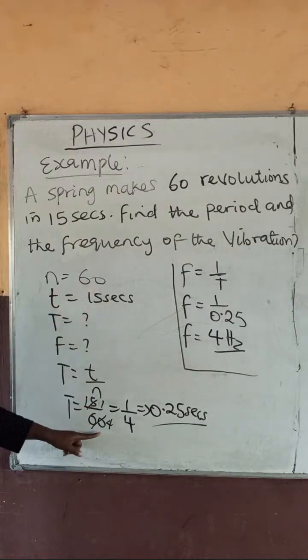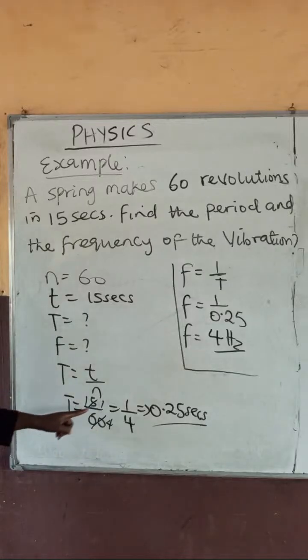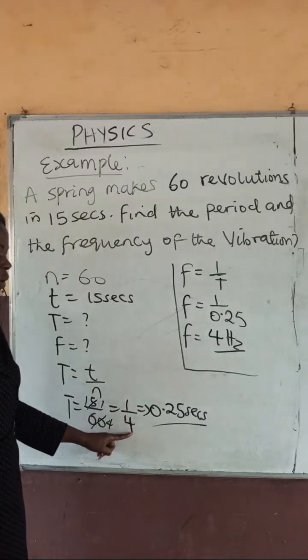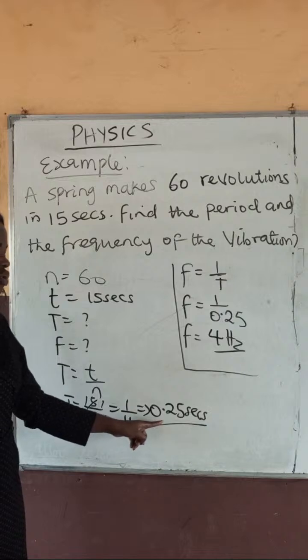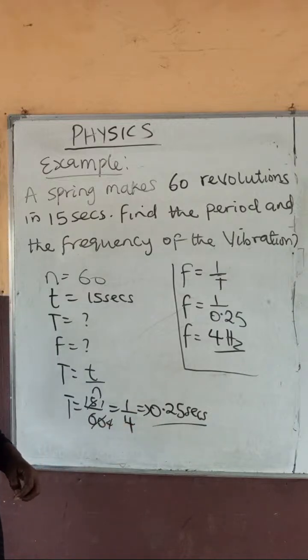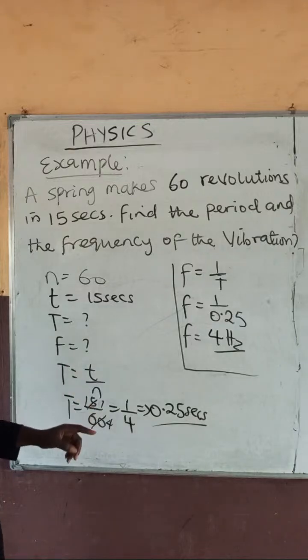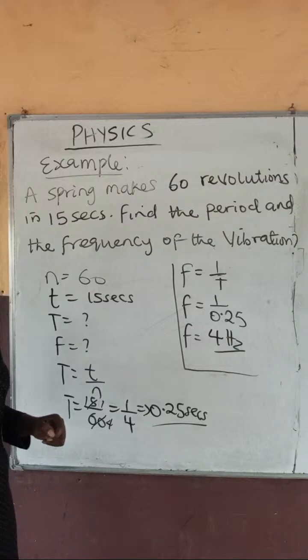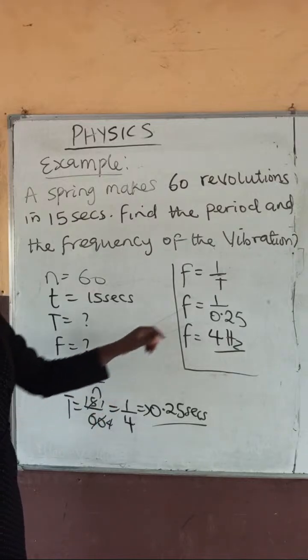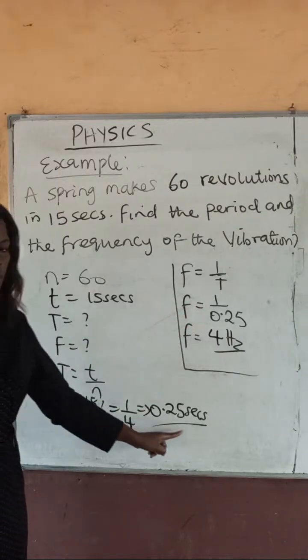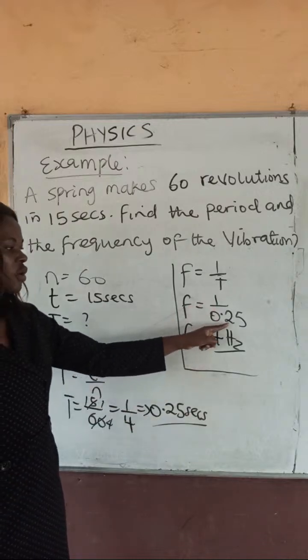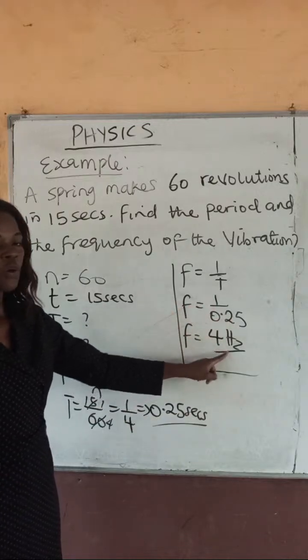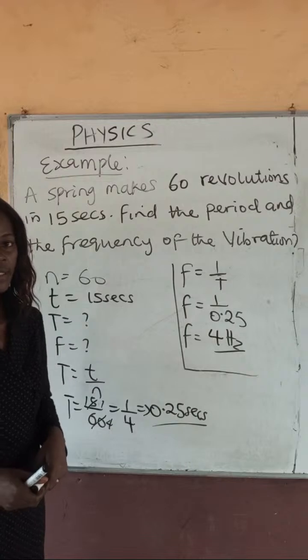So I have 15 over 60. By the time you divide, I'm going to have 1 over 4, which is equal to 0.25 seconds. Now we have gotten this period. For us to get the frequency, we say that frequency is 1 over T. My T is 0.25. I just say 1 over 0.25 and my answer gave me 4 Hz. Do we understand?